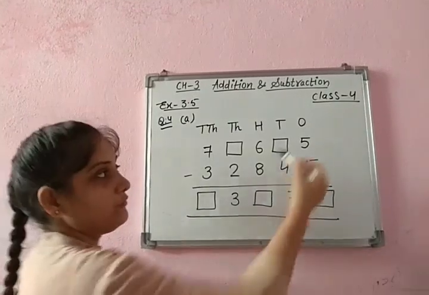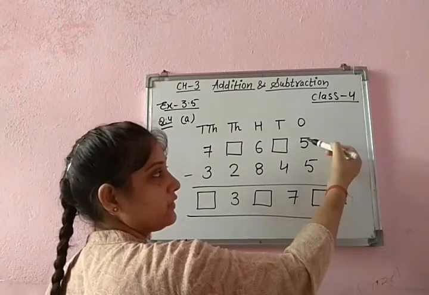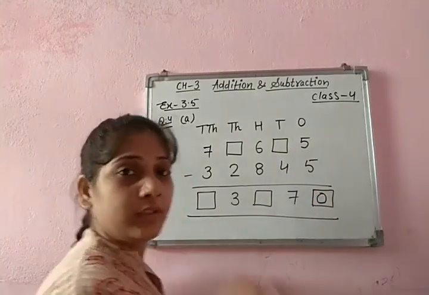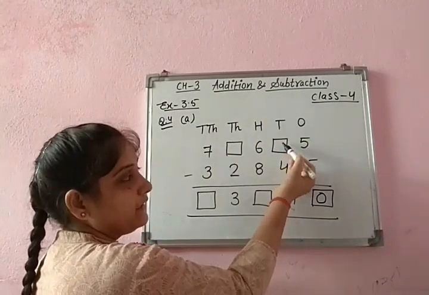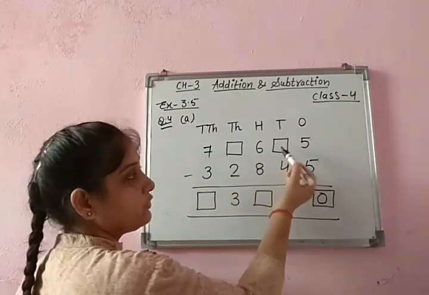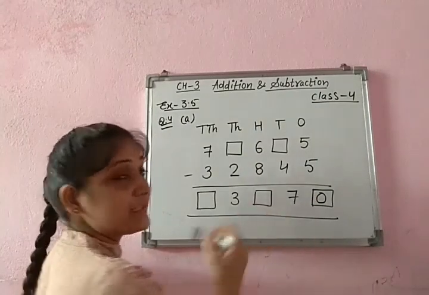You can see in subtrahend there is no empty box. So let's start from ones place. At ones place both the digits are given. So I can easily subtract: 5 minus 5 gives me 0. Ones place is clear. Now tens place. Always remember children, the upper number should be bigger. So there is a number from which we can subtract 4 and it gives us 7.